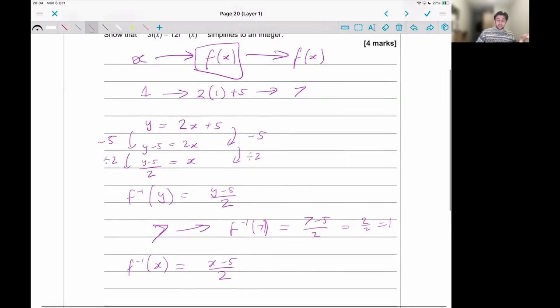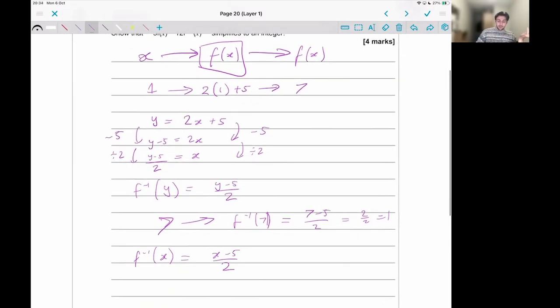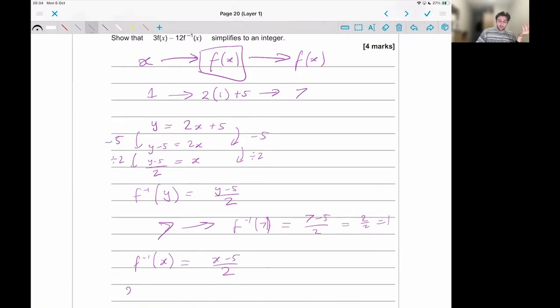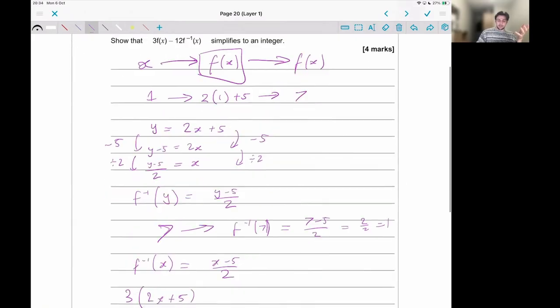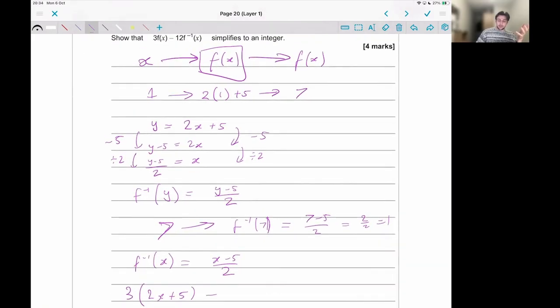So let's write all of that down. So we're going to write 3 times f of x, which was 2x plus 5. That was at the top there. And we're going to take away 12 lots of f inverse of x, which is (x minus 5) over 2.